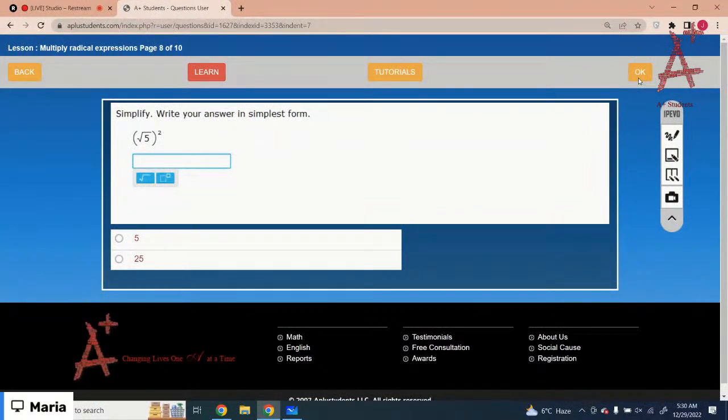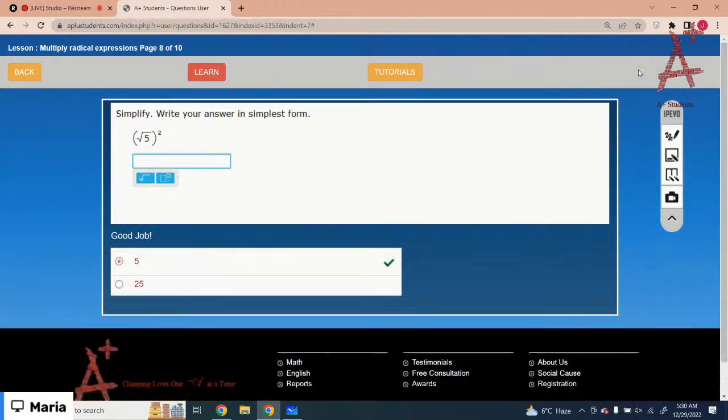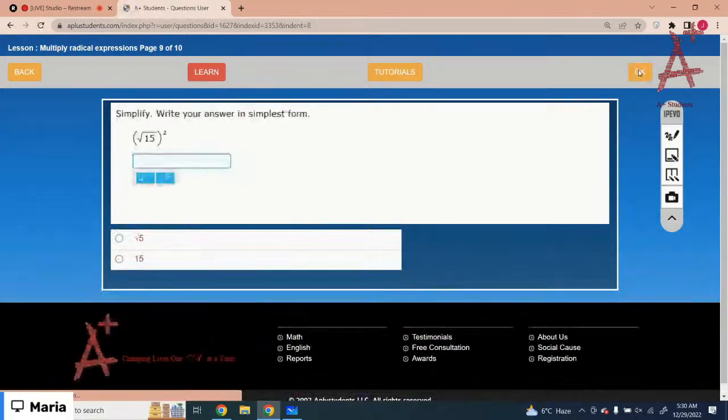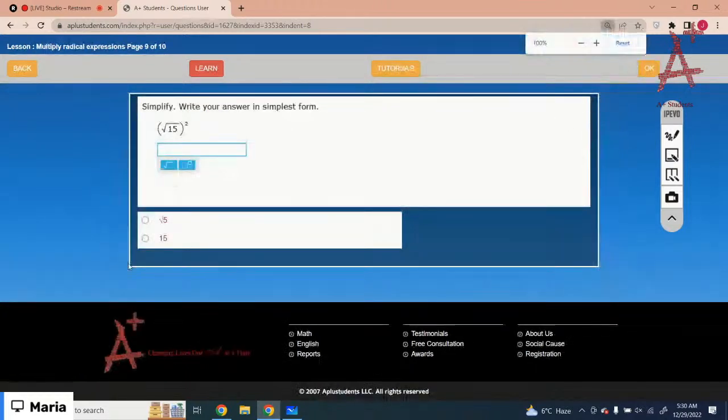So the correct option is 5. Just select the correct option, then click on the OK button. Okay, the next one is square root 15 square. So 2 and square root are the two opposite operations. They can cancel out each other. So you are left with just 15. Got it? Just select the correct option, then click on the OK button.